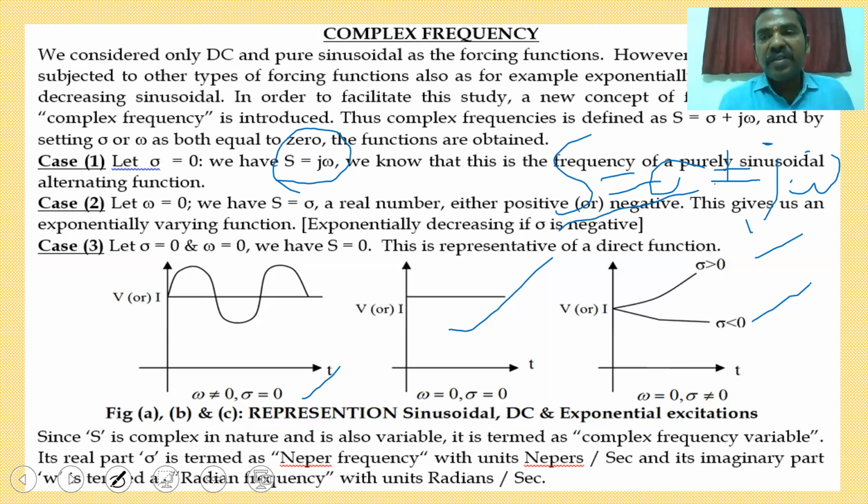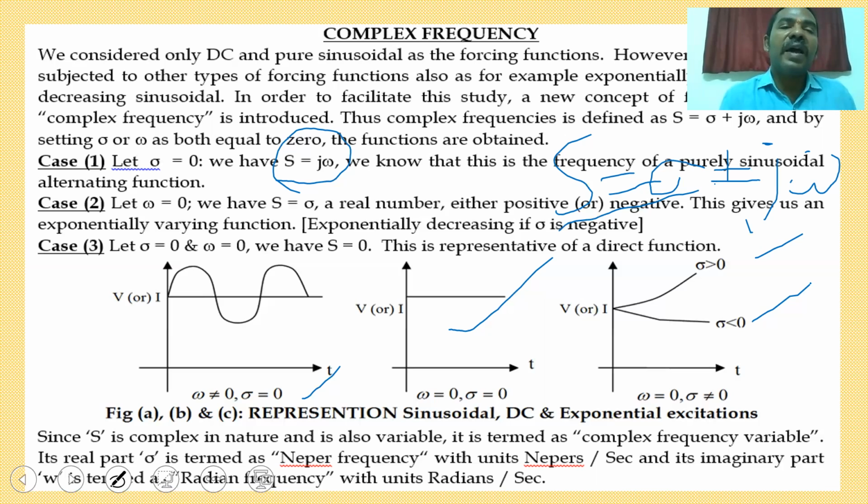So the frequency you are taking is a complex quantity, meaning the real part will be there, and the imaginary part will be there. The overall complex frequency is denoted by S.